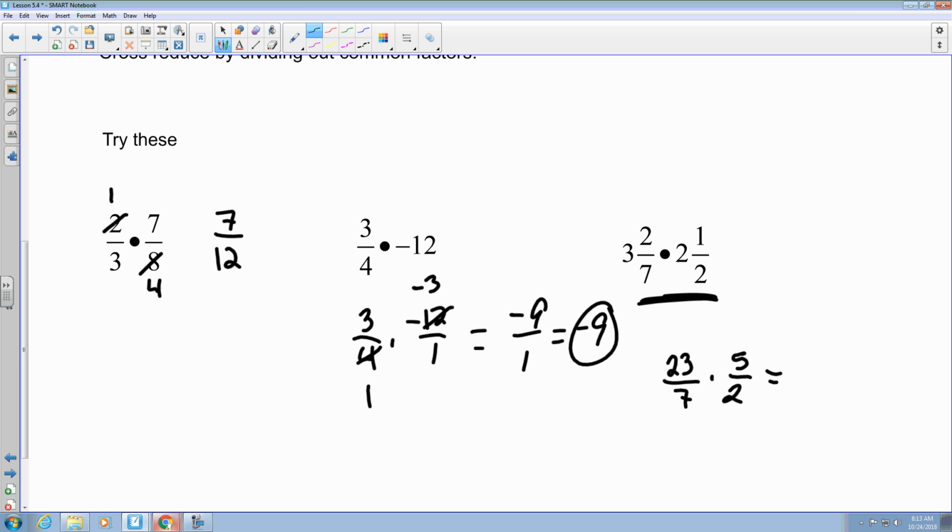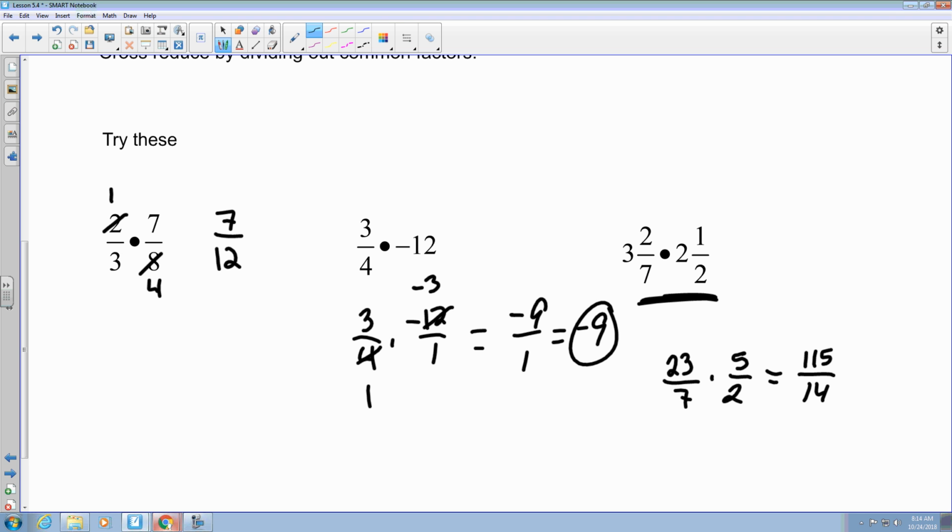Looking at this, 23 and 2, no. 23 and 7, no. 5 and 7, 5 and 2, no. So this is a situation where I can't cancel out any numbers, which means that whatever my result is, 23 times 5 is 115, and 7 times 2 is 14, this is going to be in lowest terms.